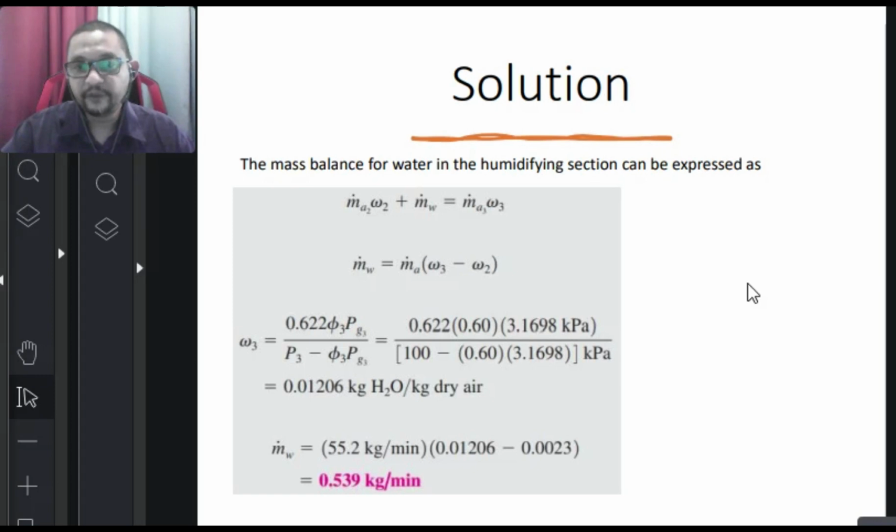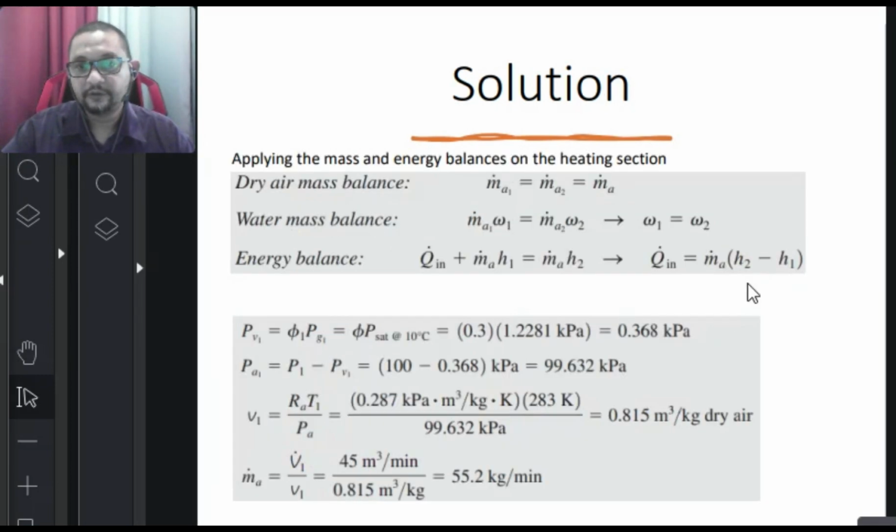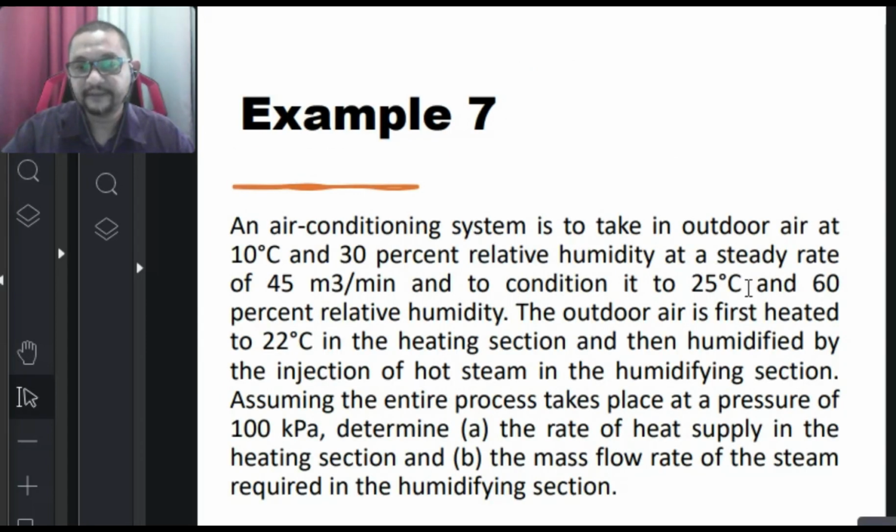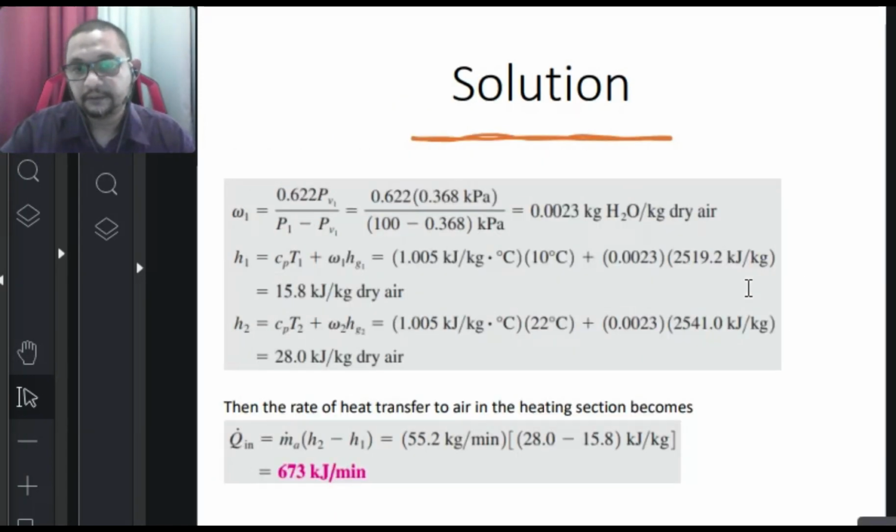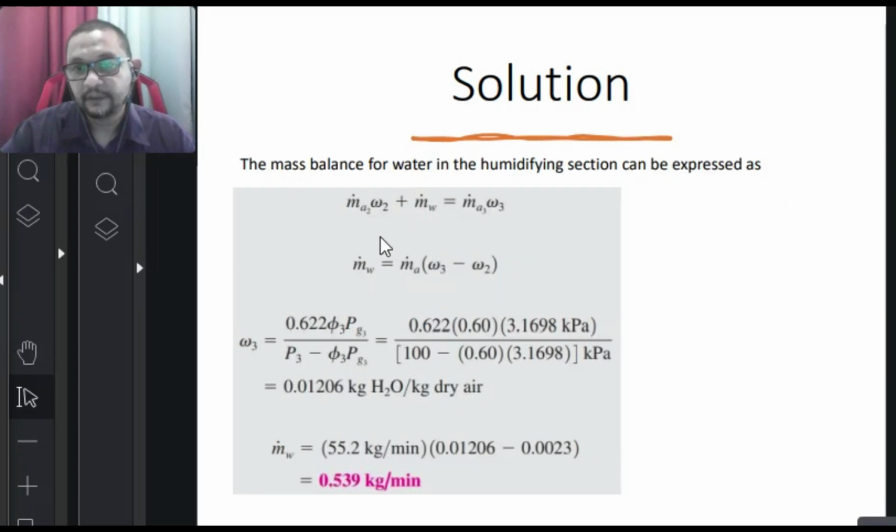To find m dot w, or the mass flow rate of the steam required in the humidifying section, use the mass balance for water in the humidifying. So this is the relationship: m dot w is equal to m dot a times omega 3 minus omega 2.